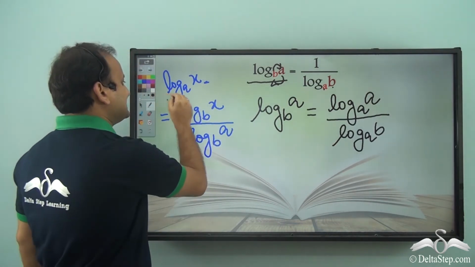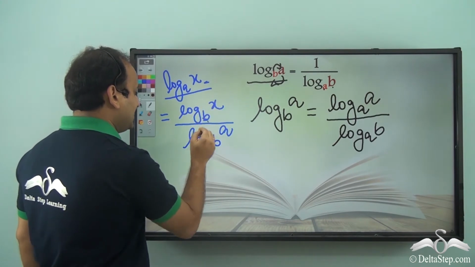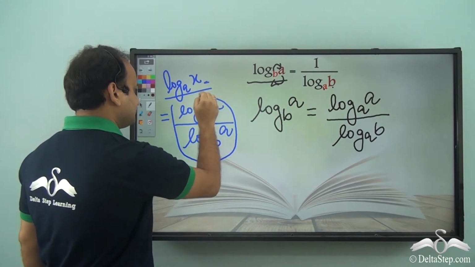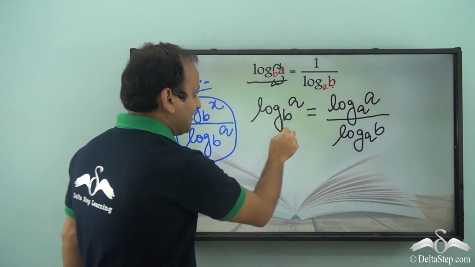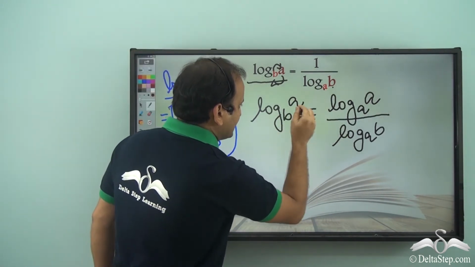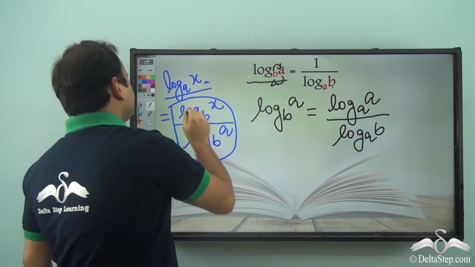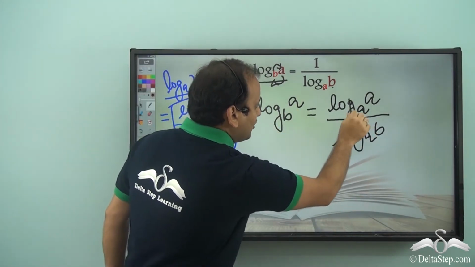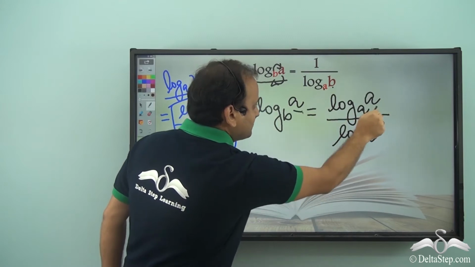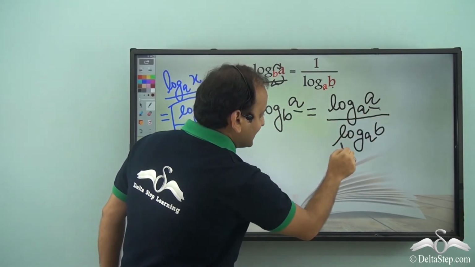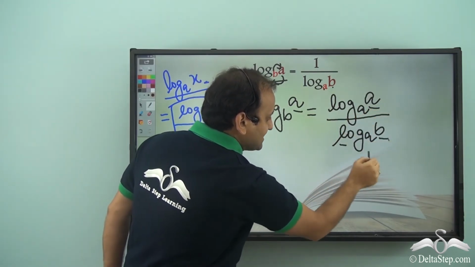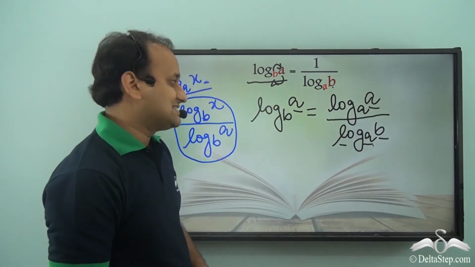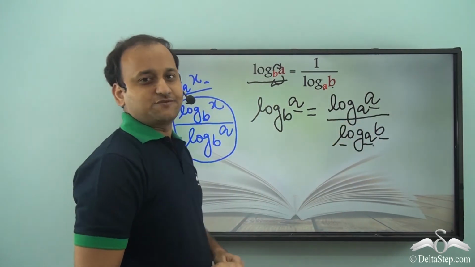So similarly, here we wanted a to be the base. That is why we chose a as the new base. So log of the previous argument with the base a, and then log of the older base with the new base a. That's how we got this particular expression.